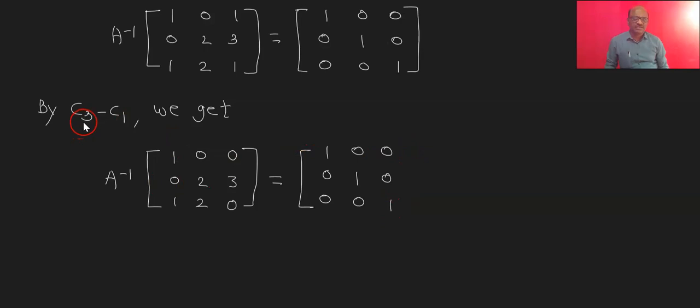Sorry, here it is C3 minus C1, so we'll change it: C3 minus C1 gives minus 1, 0 and 1.